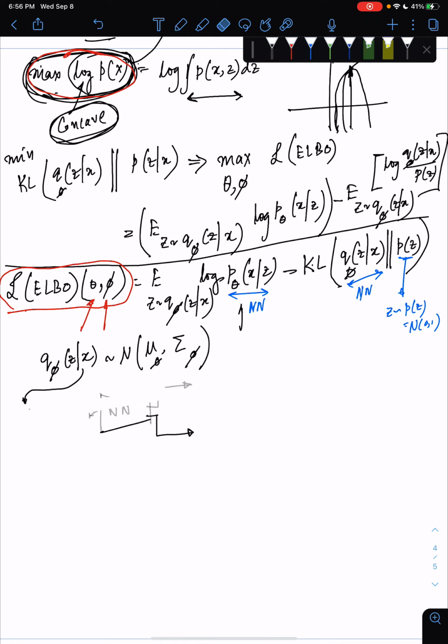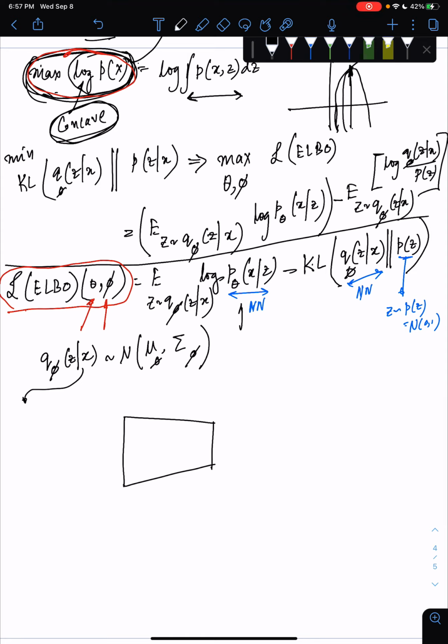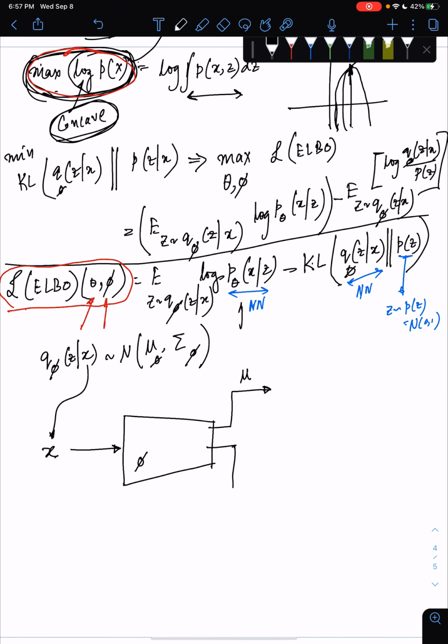Let's draw it. So I have a neural network, parameterized by phi. I'm giving one x. There is one output head which is mu, and another output head which is sigma. This is parameterized by phi.